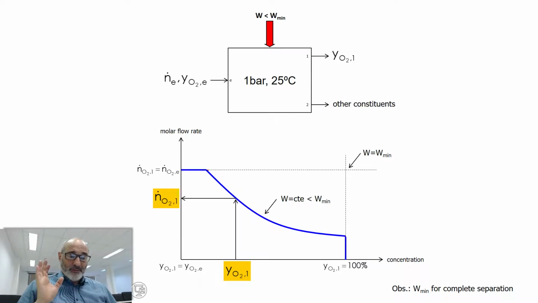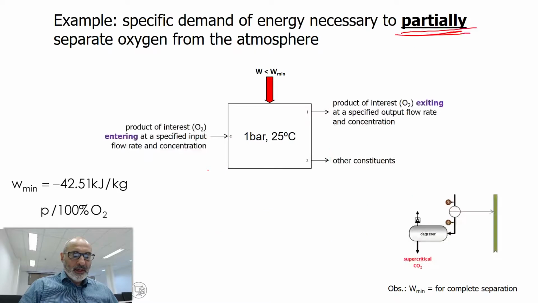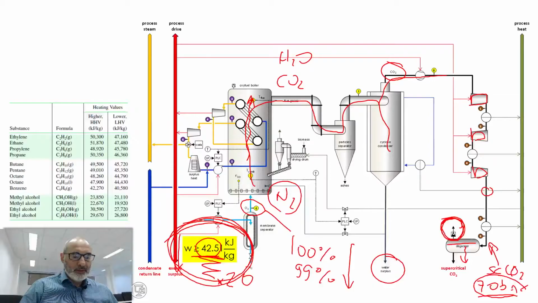Okay, so from an operating point of view, let's say, going back some slides, let's assume that I'm going to accept 99% of oxygen, molar concentration, because I can deal with 1% of nitrogen.